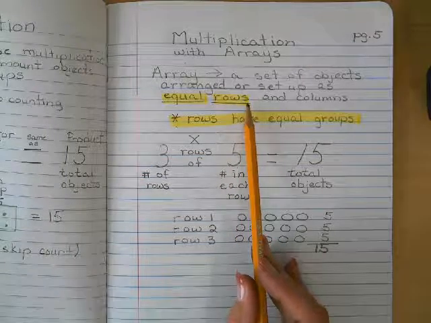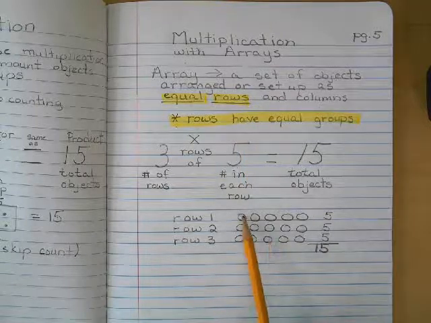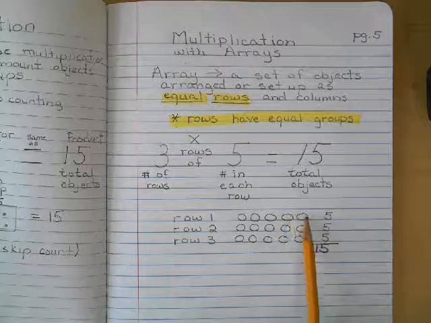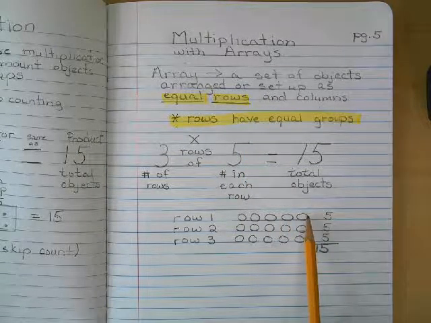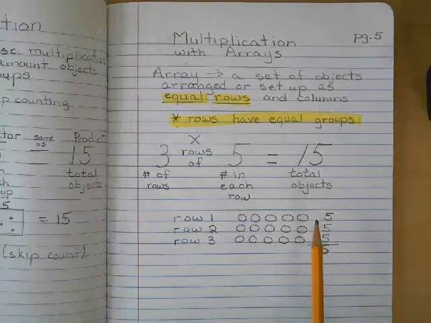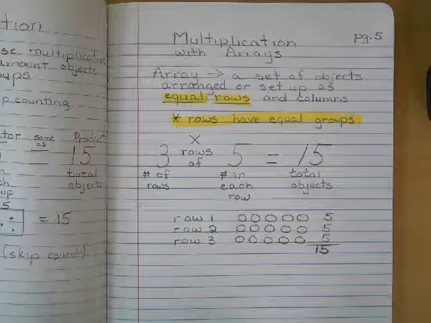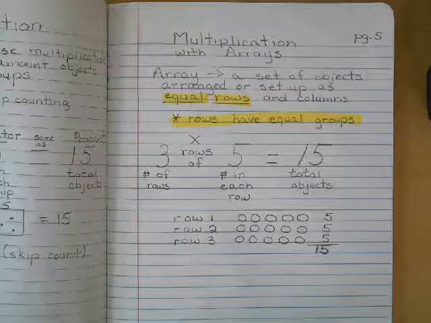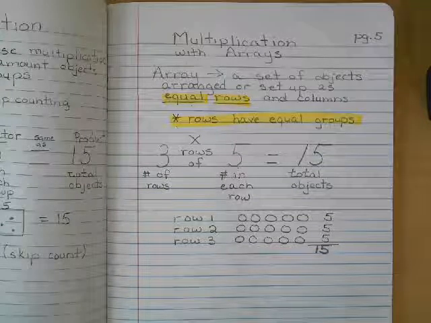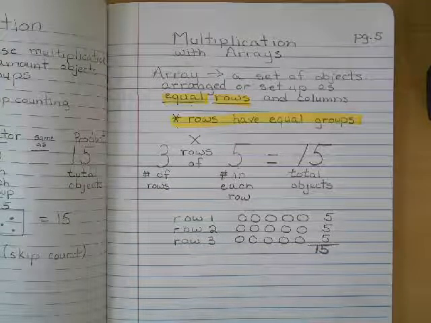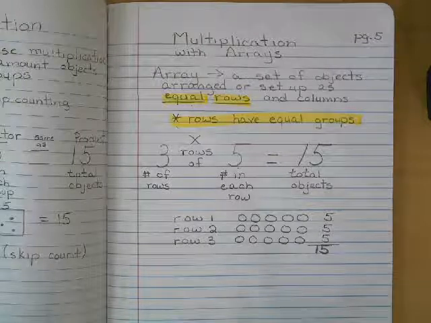They're lined up into a row instead of being clumped together in a group. So the same idea, except now we're just using what we call an array to arrange these objects into rows.